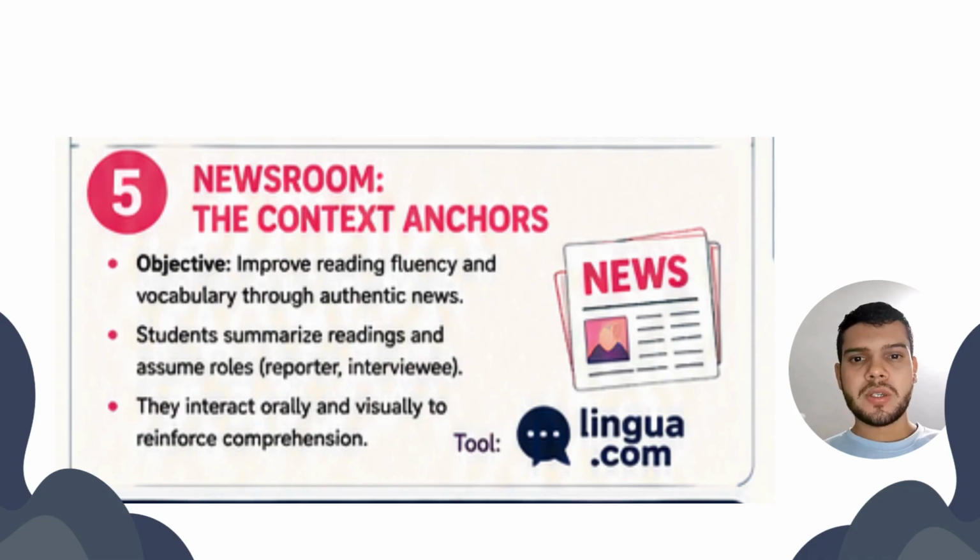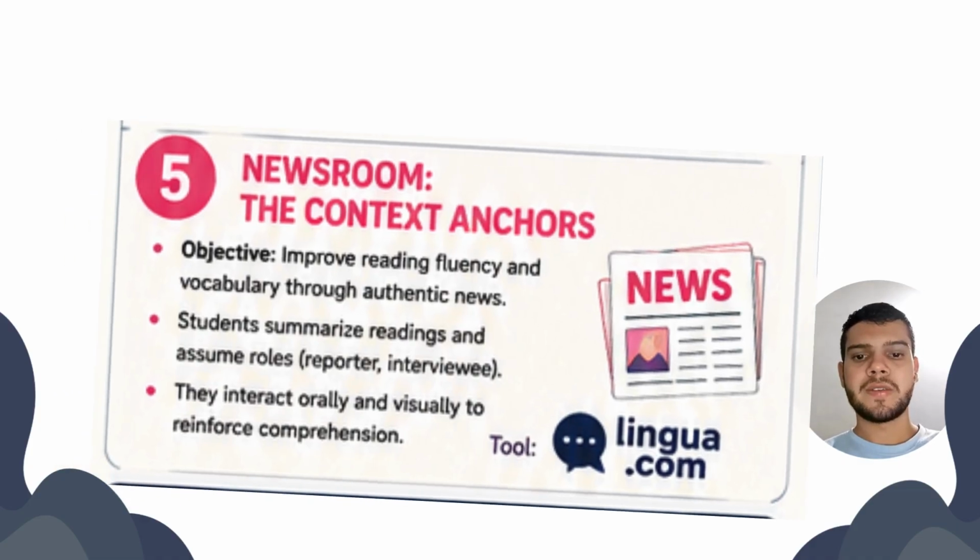In addition, collaborative learning is promoted through peer explanation and group discussions. For its development, tools and strategies such as lingua.com, scenario-based learning, and visual oral resources are used to make the learning process more dynamic and interactive.